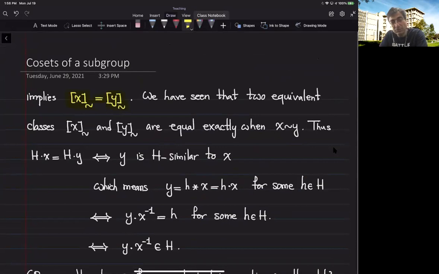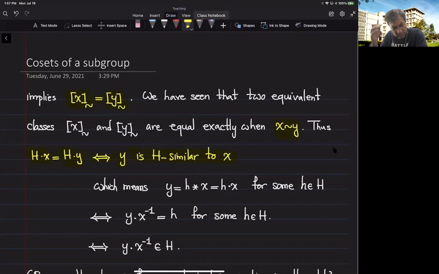Again, we have seen that these two equivalence classes are equal precisely when X is in relation with Y. That means Y is H similar to X. So the right H coset given by X is the same as the right H coset given by Y, precisely when Y is H similar to X.